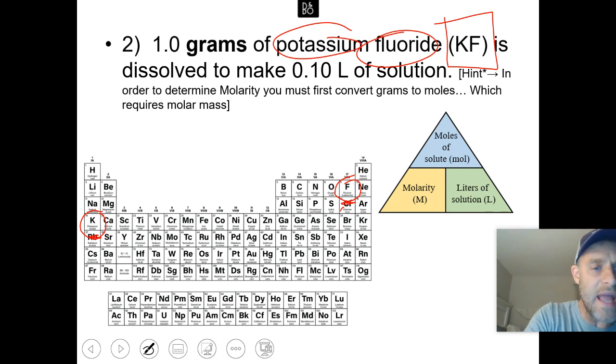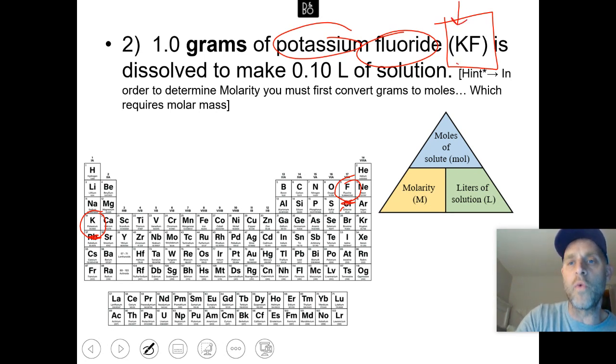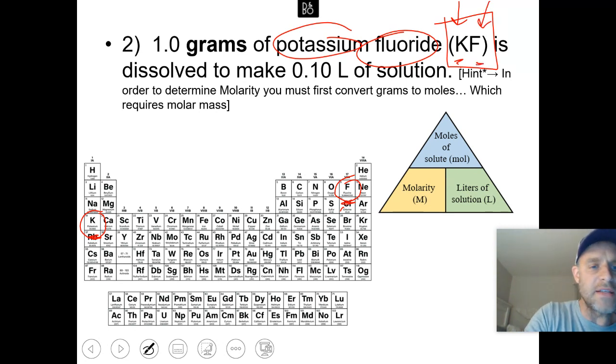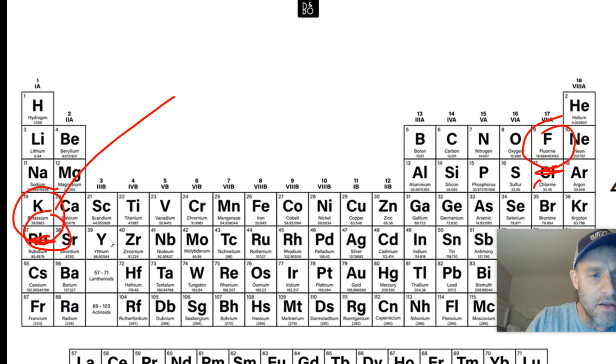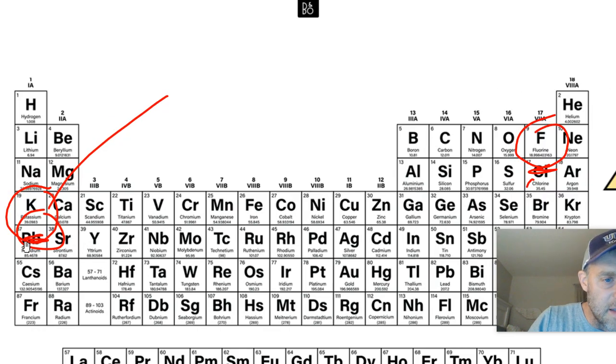And if I take K and I take F, well, how many do I have up here? Well, I have 1 K and I have 1 F. So if I take one of these massed up, which is, my eyes are so bad, I don't know if I can zoom. I can. Cool. Look at that.